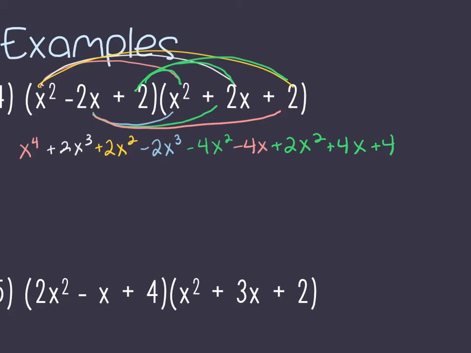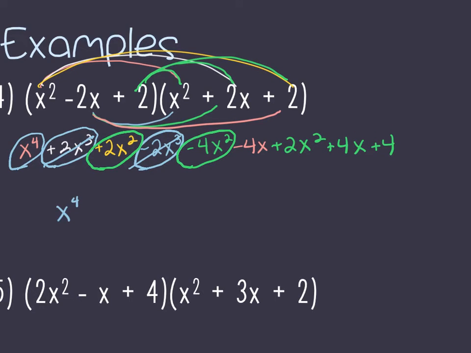Then the grouping. So I only have one x to the 4th. That's going to go first. I've got positive 2x to the 3rd, negative 2x to the 3rd. Those are going to cancel out. I've got positive 2x squared, minus 4x squared.